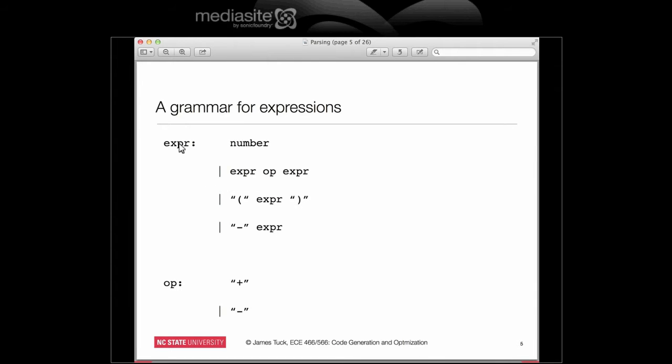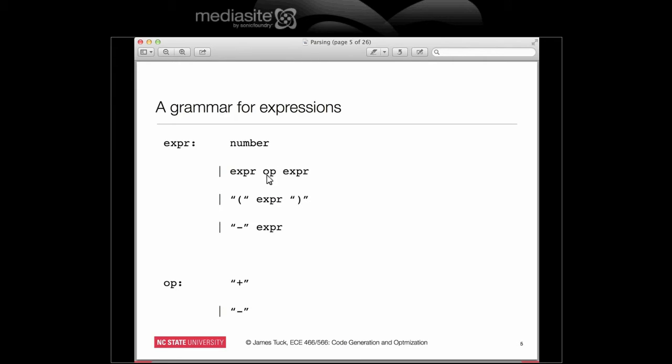What we have here are two rules. One rule is called the expression rule, and the other rule is the op rule. The op rule says that an op can be either a plus or a minus sign. The expression rule says that an expression can be a number. This bar means or, so it can be a number, or an expression followed by an operator followed by another expression.